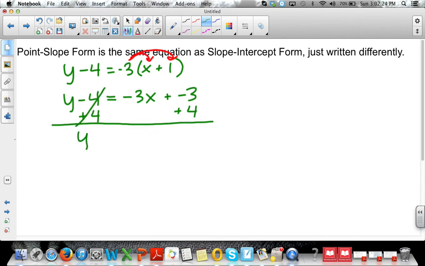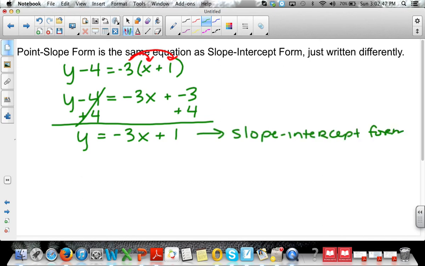And I end up with y equals, which is good. And then negative 3x plus 1 because I had a negative 3 plus a 4. Okay, so this is slope-intercept form. And then this one up here was point slope.